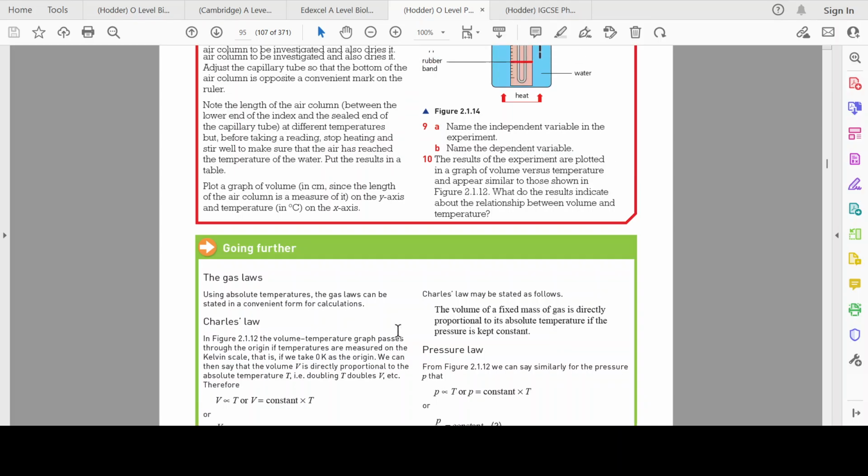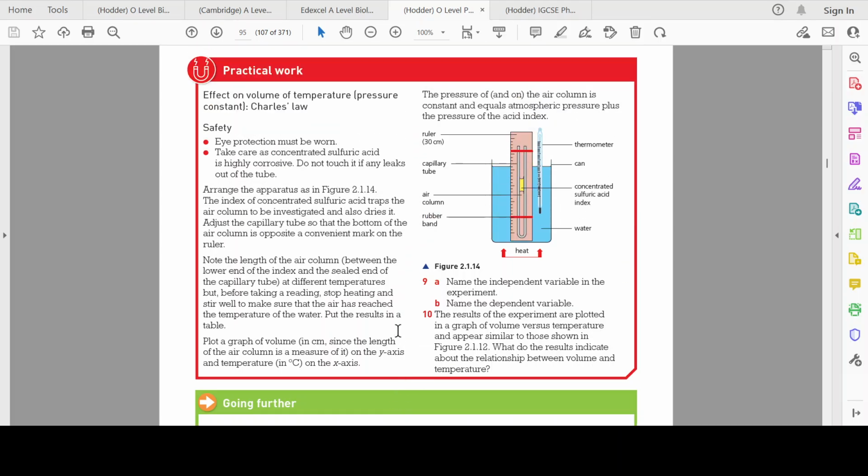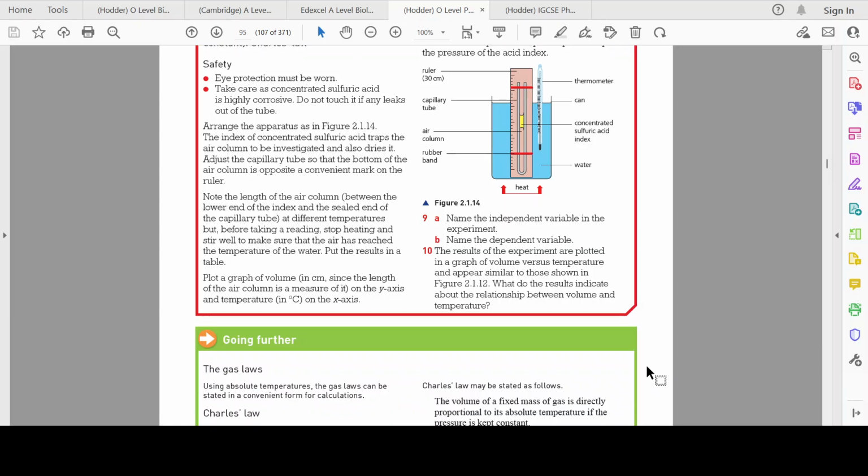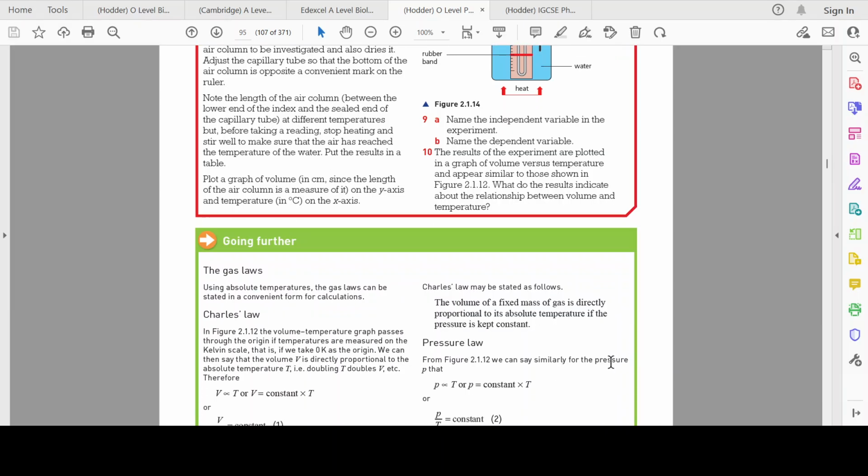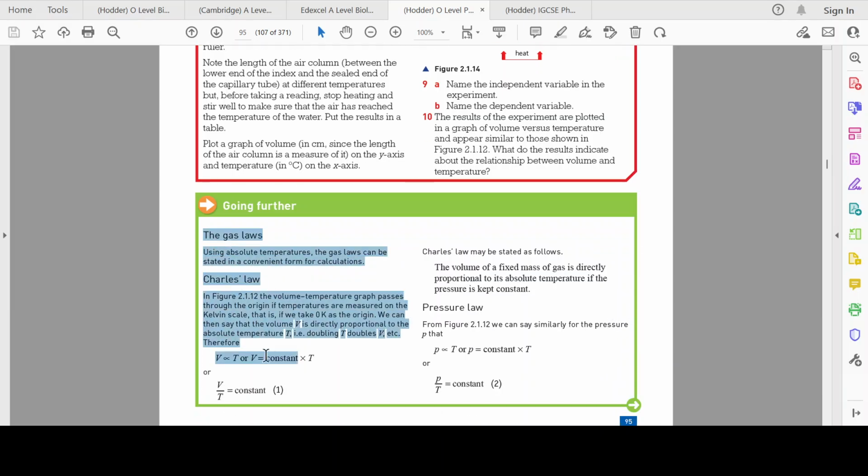That means as the temperature increases, the volume will increase, and as the temperature decreases, the volume will decrease. I'm actually going to skip this for the time being because I don't get why they've included the practical when the concept itself is not part of the syllabus, as you can see.